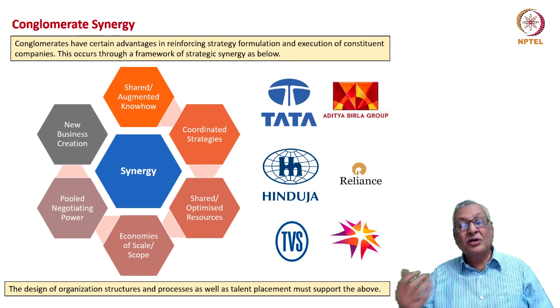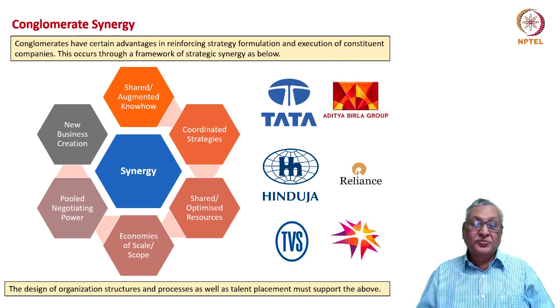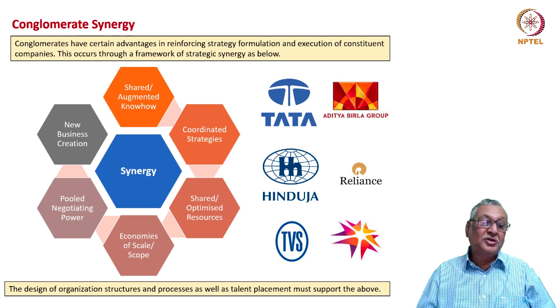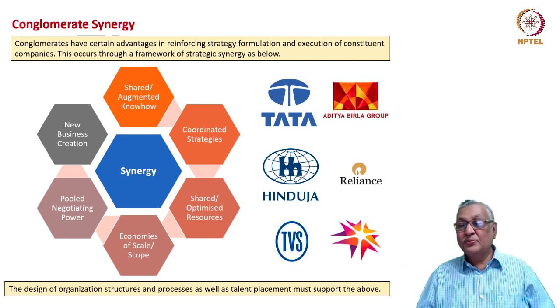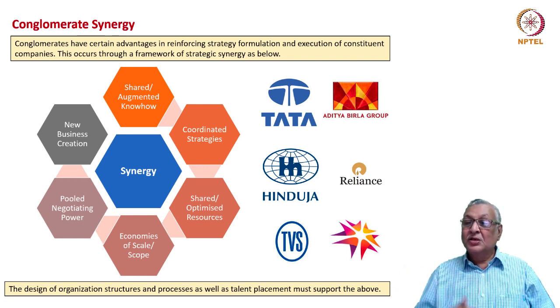Then you can have coordinated strategies. You can optimize or share resources. You can economize on scale and scope, pooled negotiating power, new business creation, and so on. Several groups, be it Tata Group, Aditya Birla Group, Hinduja Group, Reliance, TVS, all have the capability to drive synergy through the very many business activities that exist in their conglomerate umbrella.